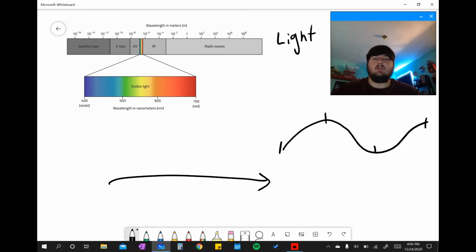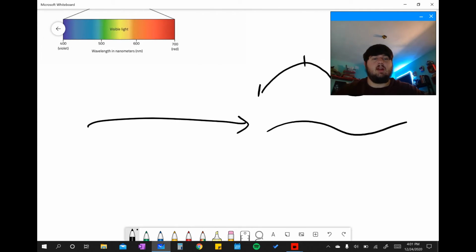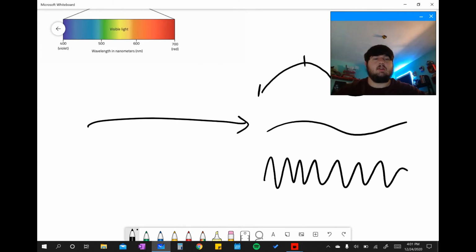Now as you move higher in the wavelength, these waves are going to become longer and longer. And as you move shorter or lower on the spectrum, the waves are going to get shorter and shorter. So let's say this is purple, and this would be like red or something.